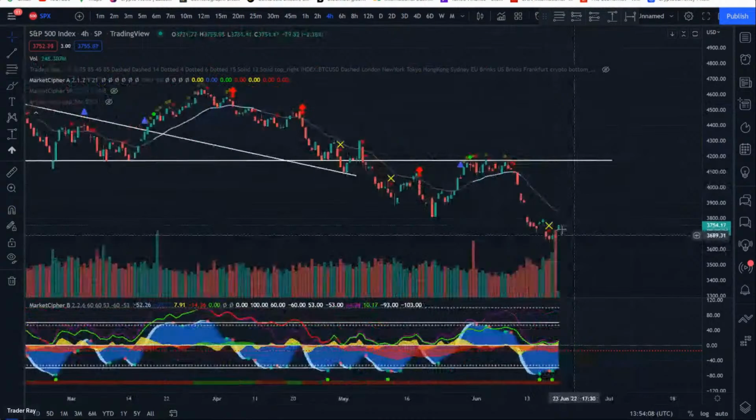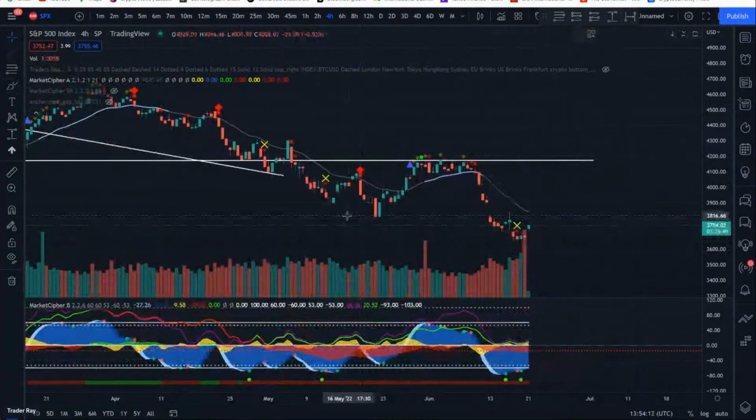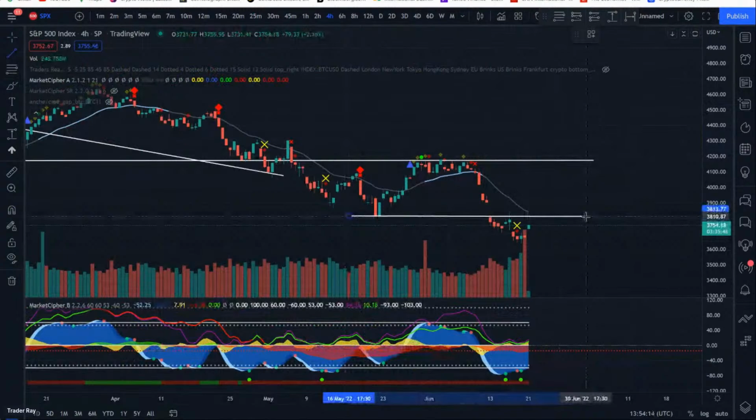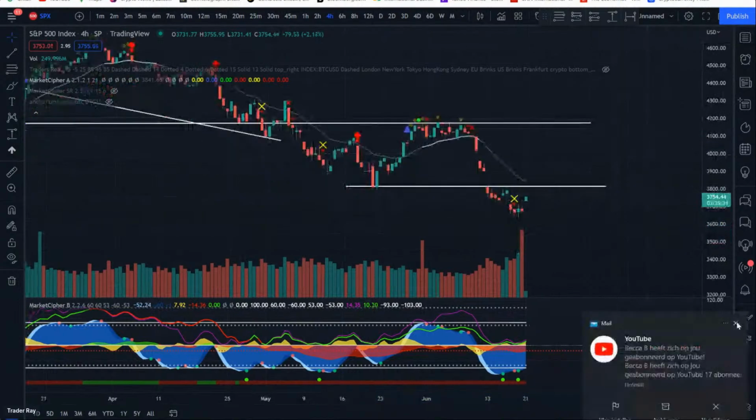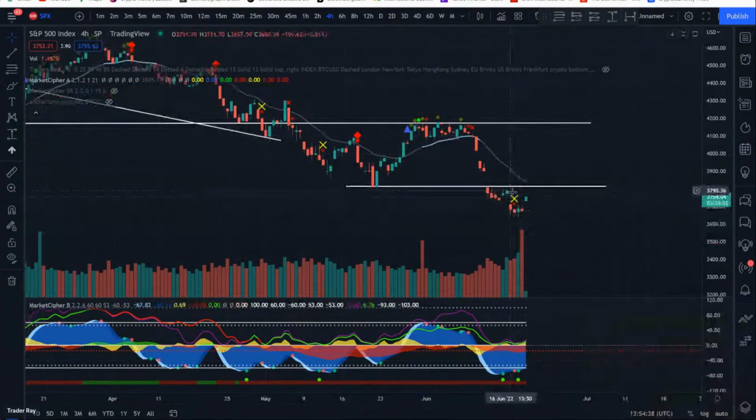How high could we go for now? If you're just looking at the S&P, this actually could be a nice level right here. That is the 3,813-ish. That actually would be a good level if we would bounce off from there. And then we also had a pretty recent bounce from the top.